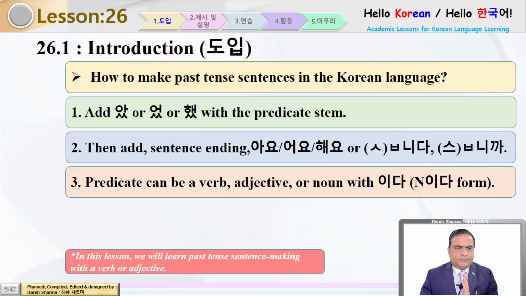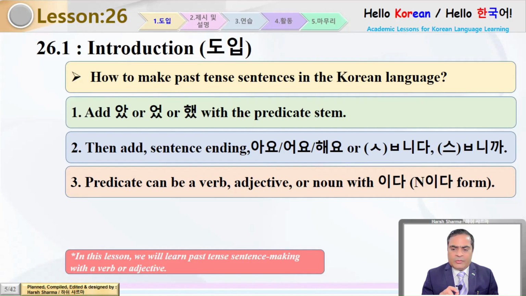I hope this point is clear now, what we are going to do today. And next is the method of making past tense sentences in the Korean language. There are two steps. First, we have to add 았, 었, or 했 to the predicate stem, and after adding this past tense marker, we have to add a sentence ending.